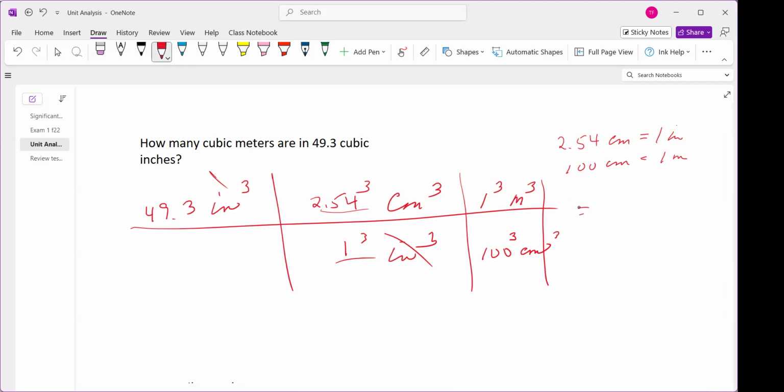Okay. Does everyone see why we have to cube the number part? What I'm talking about here.